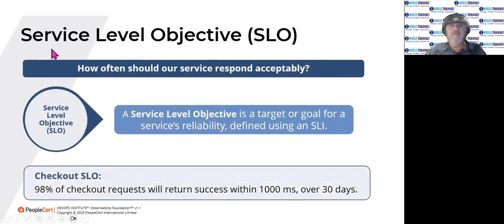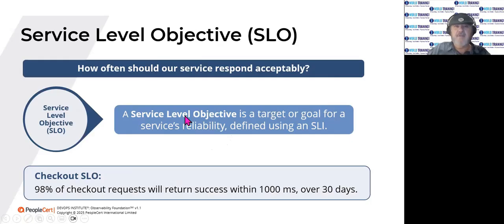Service level objectives, on the other hand, are the objective, not the measurement, but how you are meeting your objectives, and SLIs can help you do that. So an SLO is the objective itself. How often should our service respond acceptably? An SLO is a target or goal for a service's reliability defined using an SLI. So again, this word reliability can come in many forms. It could be availability, performance, error rates.